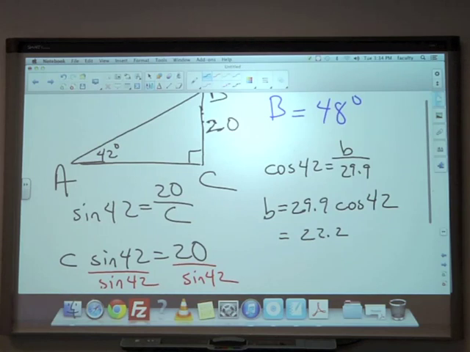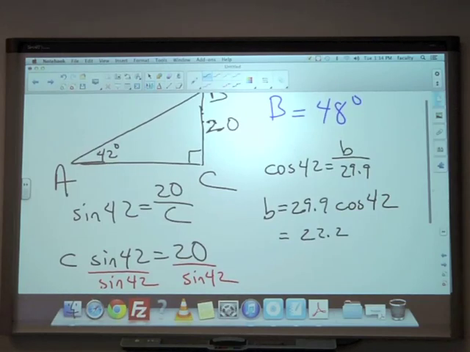So you just took whatever trig function you had the information for? Right. Could you do the cosine of B though? You could. So the cosine of 48 and just have it be 29.9. Well, again, if you're doing relative to B to find side B, I would have to use sine.